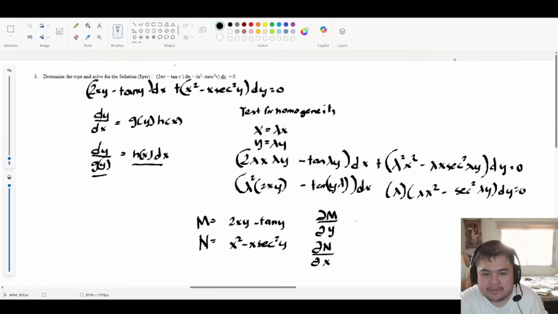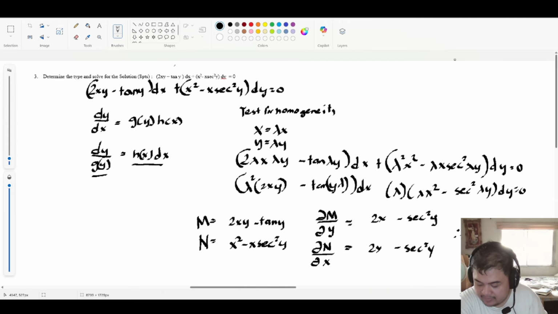When you differentiate with respect to that variable, for an exact equation, you treat the other variable as a constant. So for M, it becomes 2x minus secant squared y, since we only differentiate the y terms. For N, it will become 2x minus secant squared y, since we only differentiate the x terms. And if that's the same, the equation is exact.